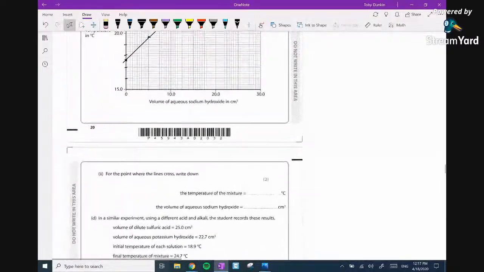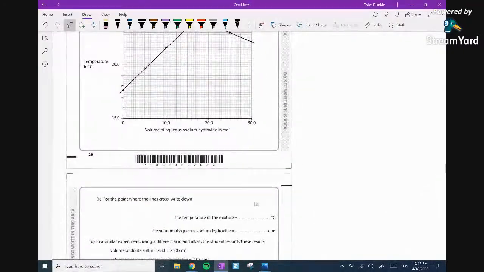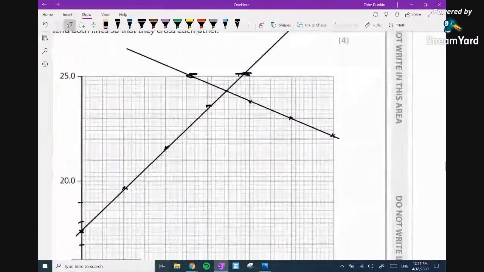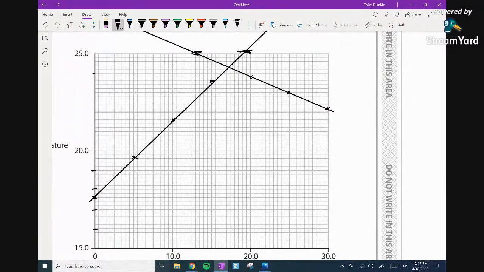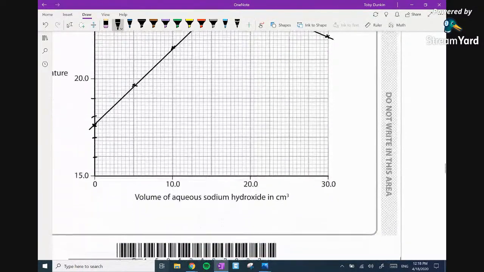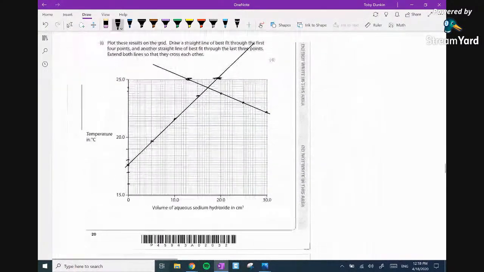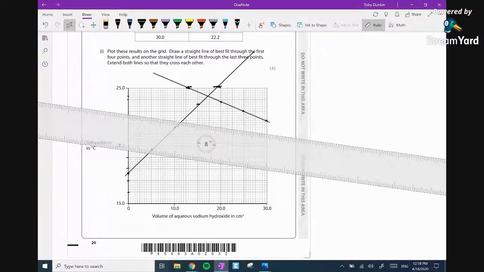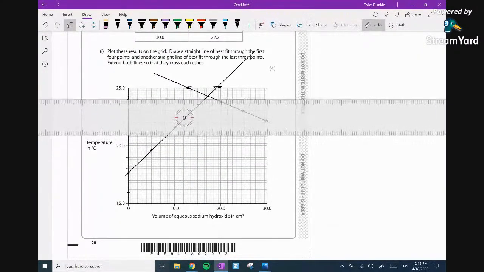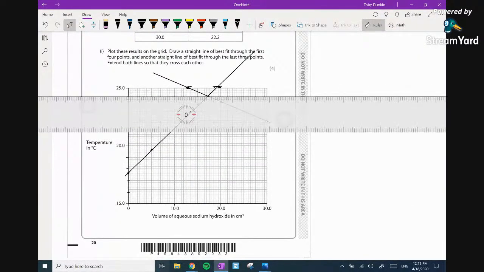For the points where the lines cross, write down the temperature of the mixture. Right, so there's 24, and that is literally dead. And so 24.3. And then the volume of sodium hydroxide, I'm going to get a ruler out for that as well.